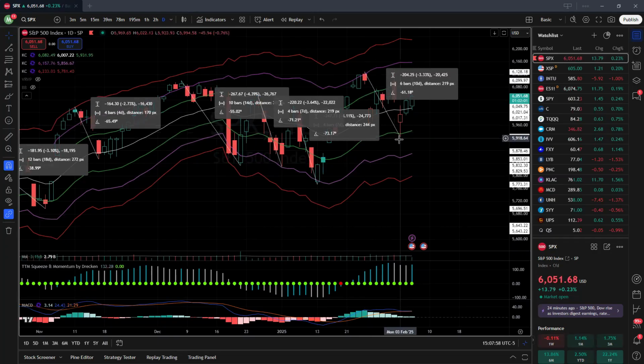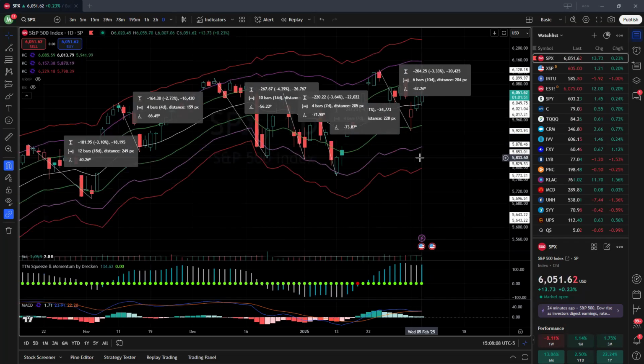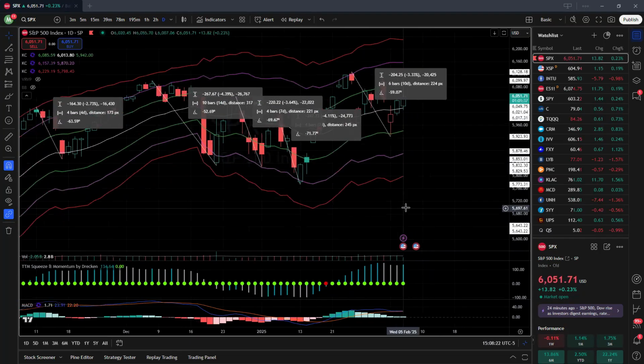So it is normal. You shouldn't see something that makes you extremely uncomfortable, because if we do see a 10, 15, 17% pullback, hopefully not in 1 or 2 weeks, maybe it's going to take a couple of months, but if we do see a decent pullback, you can only imagine how much more the pain you may be feeling right now will feel like.